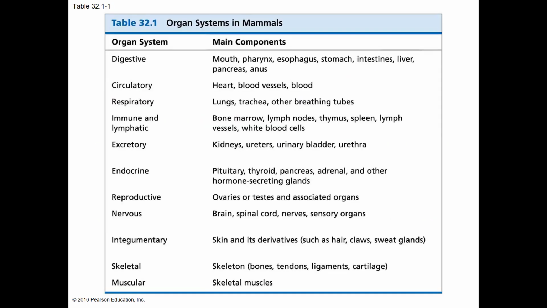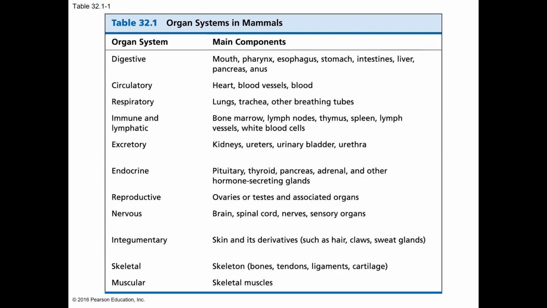So this table gives you an idea of these organ systems, and it tells you what the organ components are. And then you can deduce, of course, that in your digestive system, the mouth, the pharynx, esophagus, stomach, intestines, liver, pancreas, anus, the mouth is made up of tissues.